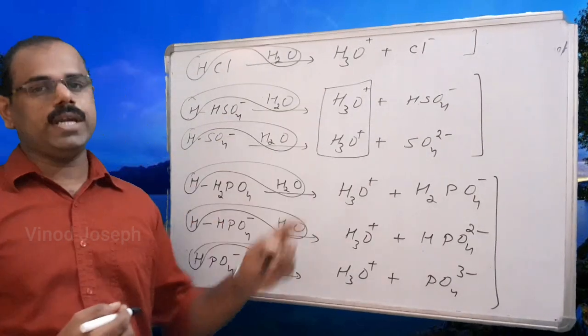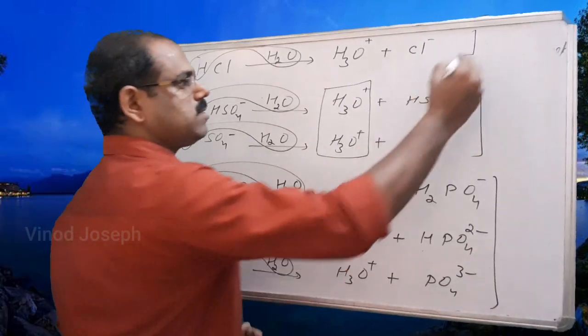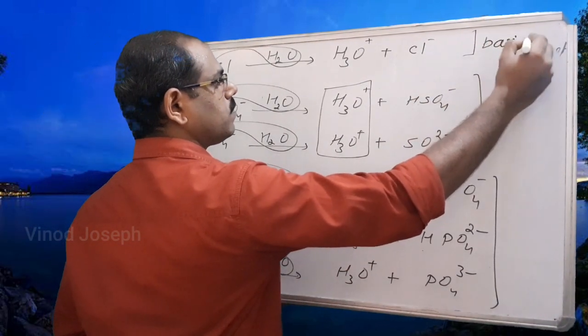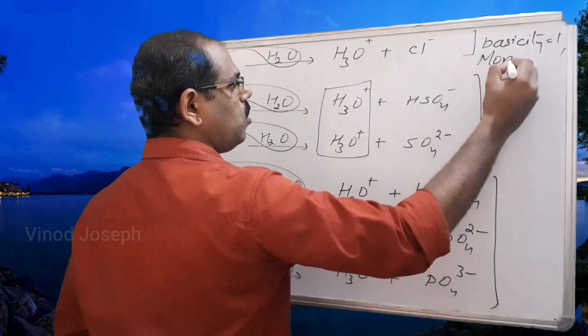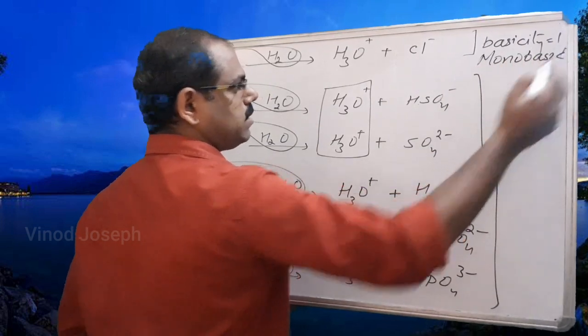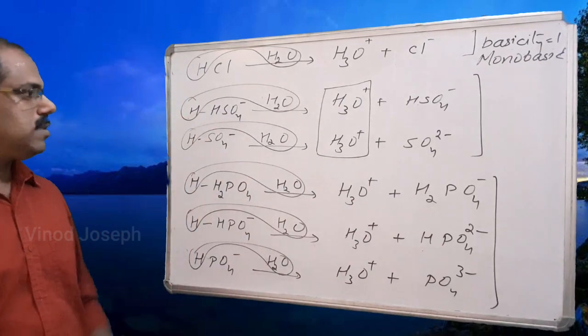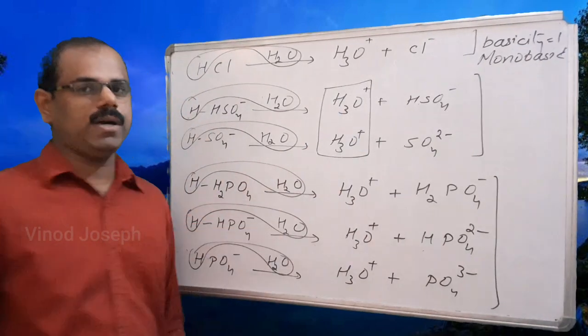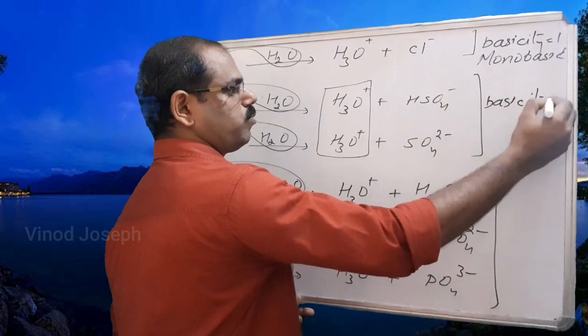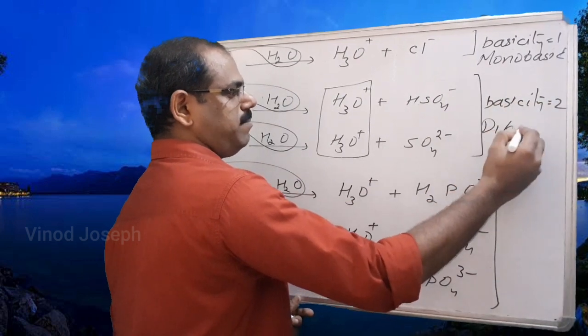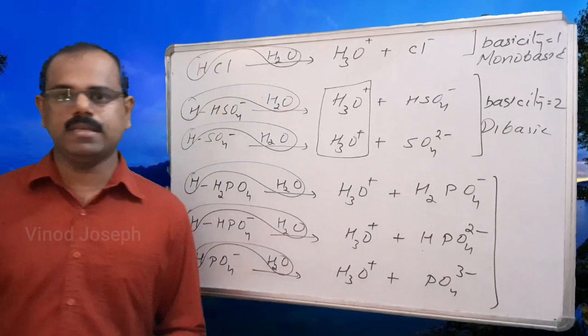It will produce 1 hydronium ion, so the basicity is equal to 1, and it can be called a monobasic acid. And sulfuric acid produces 2 hydronium ions, so we say basicity 2. So it is a dibasic acid.